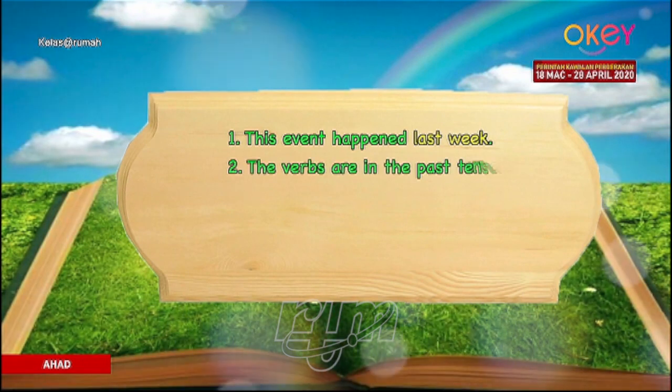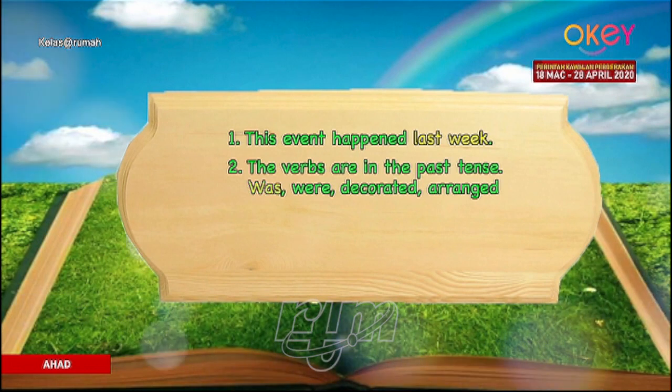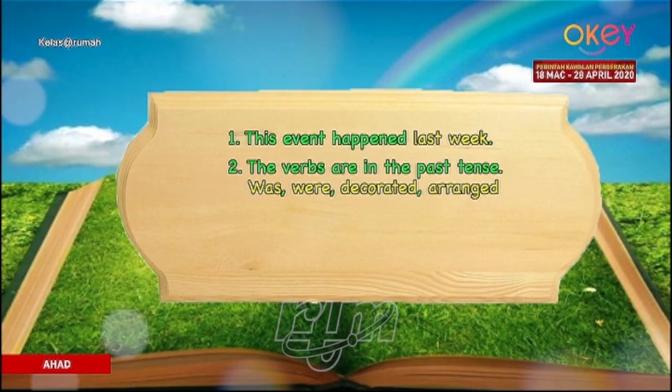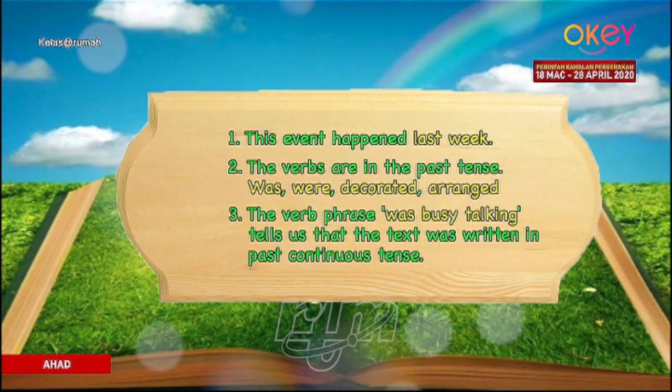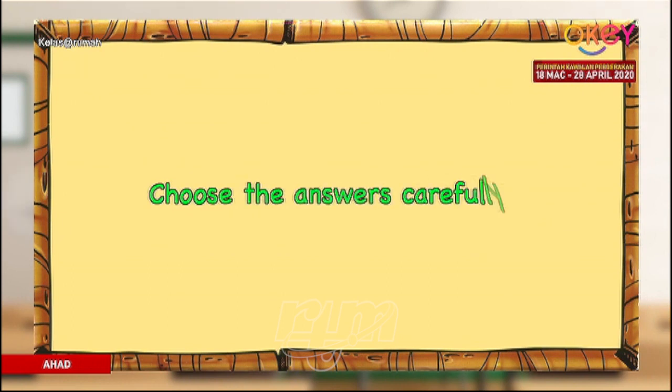Number 2, the verbs are in the past tense. Was, were, decorated, arranged. Number 3, the verb phrase was busy taking tells us that the text was written in the past continuous tense.